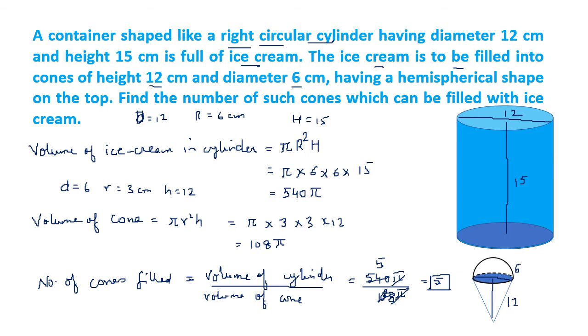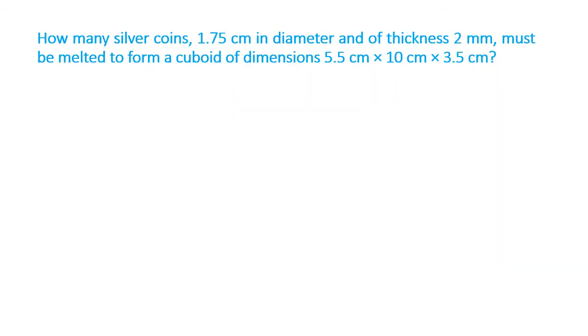The next sum we have is how many silver coins 1.75 centimeter in diameter, thickness 2 millimeter must be melted to form a cuboid of this dimensions. So diameter of the coin is 1.75, or 175 upon 100 centimeter is diameter.